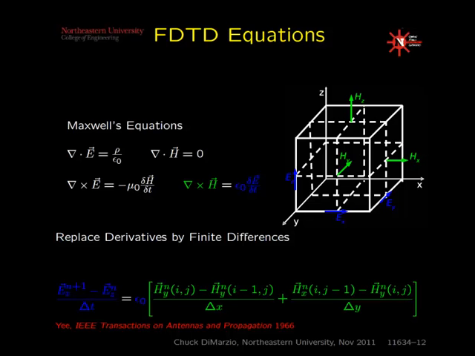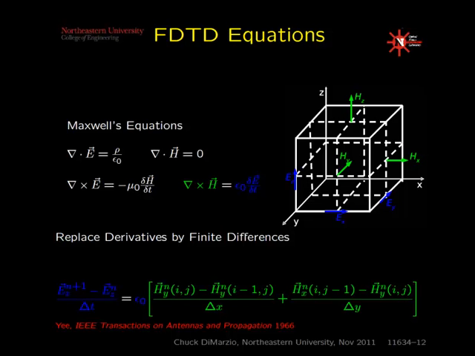Briefly, if you're not familiar with FDTD, what happens is in Maxwell's equations, we have a space derivative of one field equal to a time derivative of the other field, and vice versa. So if we replace the derivatives by finite differences and arrange our little volume cells of electric and magnetic field components appropriately, we get an equation that looks like this.